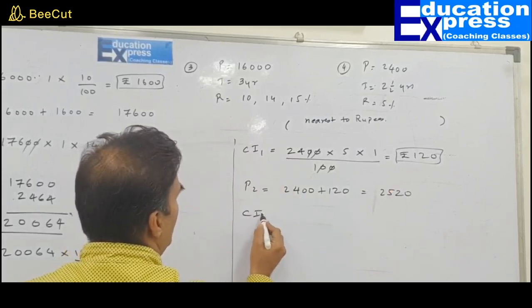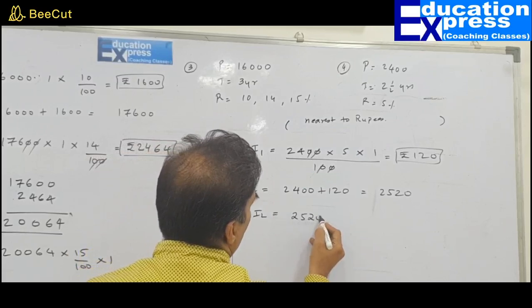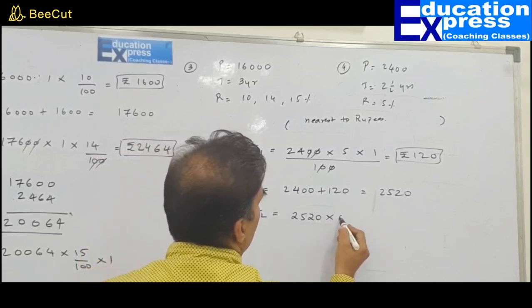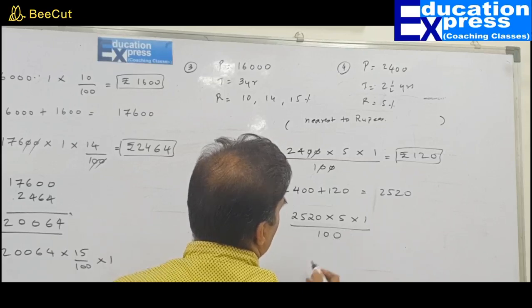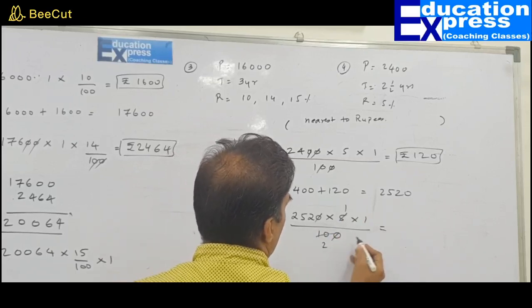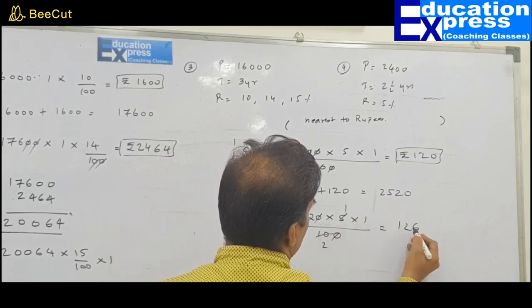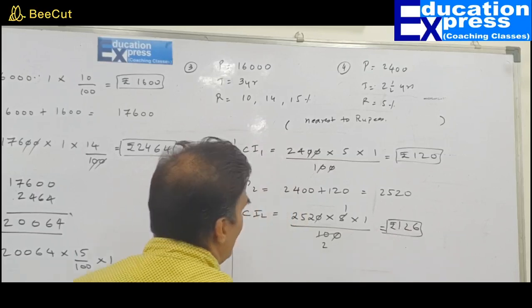What about compound interest for the second year? Sir, it will be on 2520. How much percent? 5%. For how many years? 1 year. Upon 100. 5 ones are 5, 5 twos are 10, 5 ones are 5, so 126 rupees is the interest for the second year.